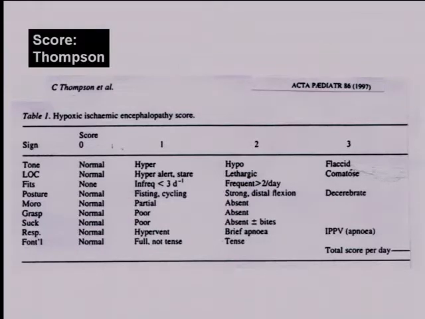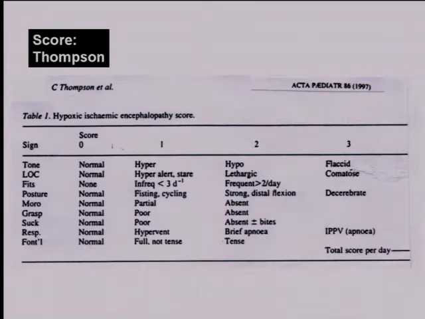Seizures are classified as infrequent, less than 3 on the first day, and then more than 2 per day. Very important, the posture: the fisting is a very well-known sign, the so-called cerebral thumb, and of course all monotonous movements, cycling.